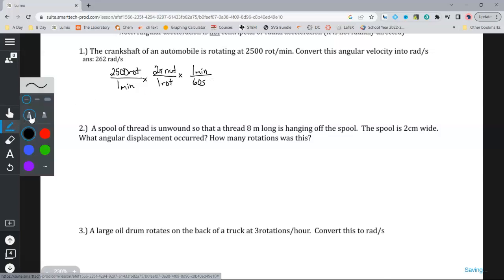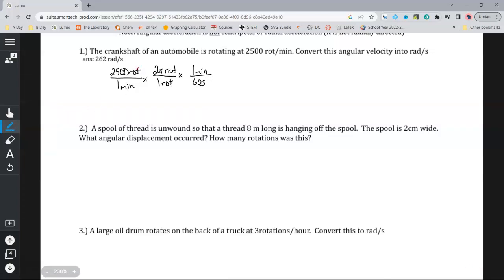We'll go through our units and do a little unit cleanup. When we multiply across, we get 5,000 pi, divide that by 60, and that leads us to 261.8, or 262 radians per second.